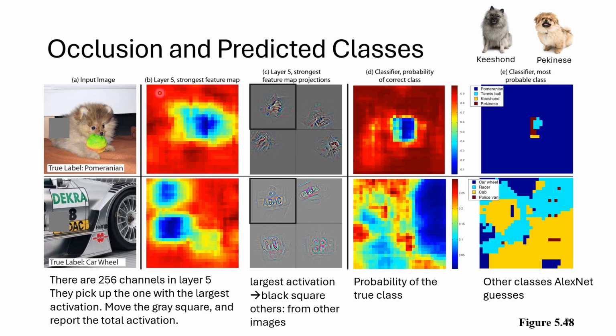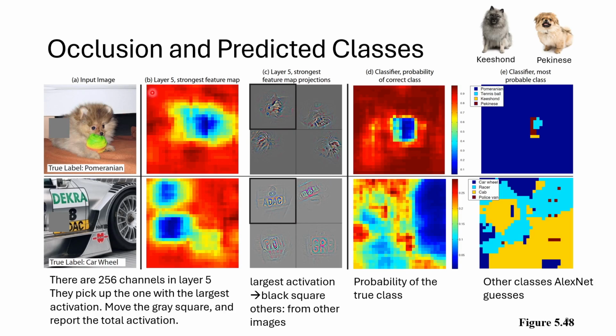activations of that channel. If the gray square blocks a certain region and the largest activation value stays the same, what does this mean? It means the gray square doesn't affect the largest value. As you can see, the block affects the largest activation value when it moves somewhere close to the dog's face.